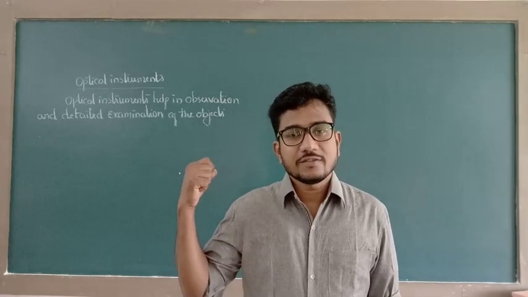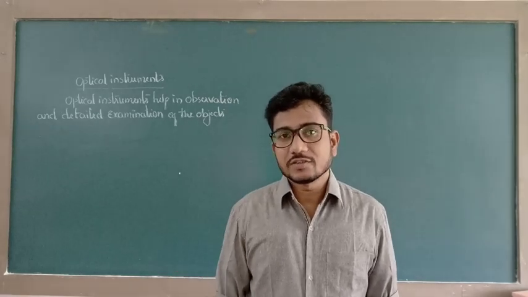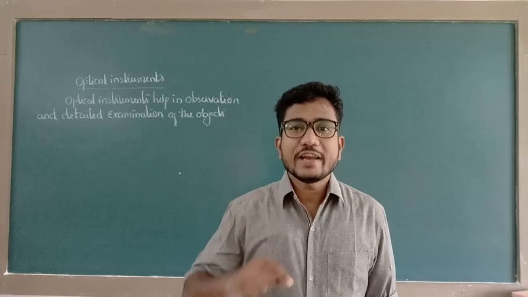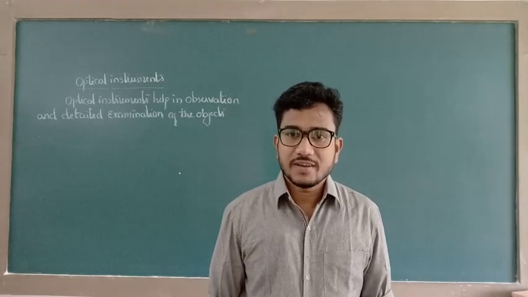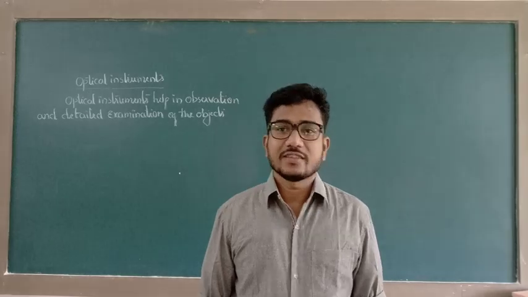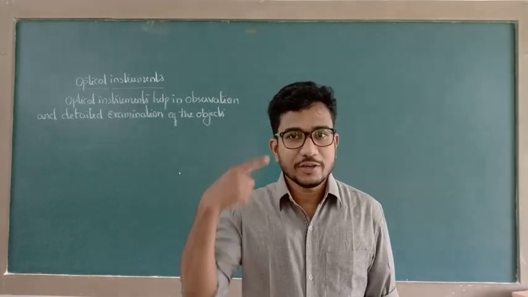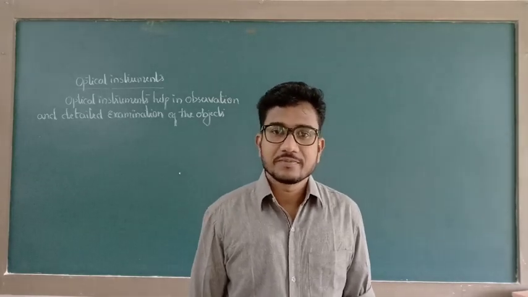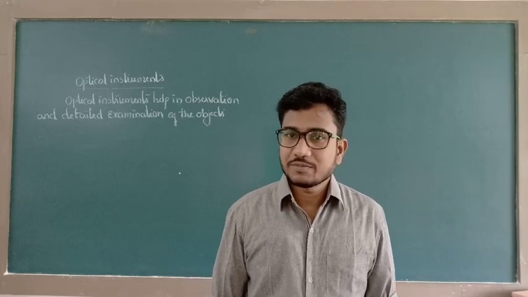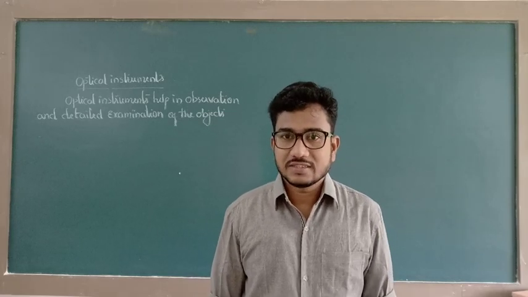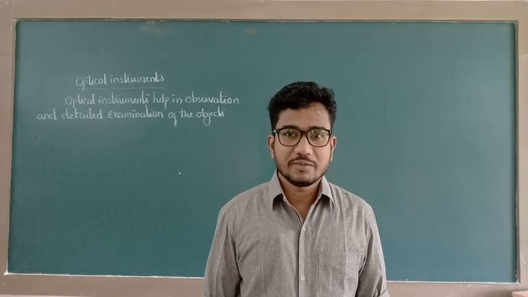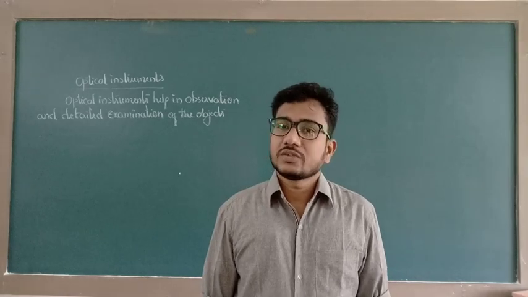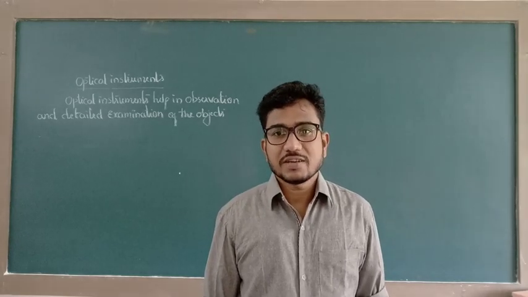But in case of these optical instruments, we have to manufacture the lens of suitable focal length, but not in the case of the human eye. Unfortunately, the concept of the human eye was deleted from your syllabus. So directly I am going to start the simple microscope.